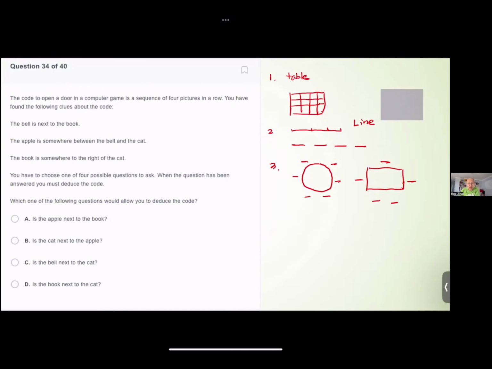But in sequencing questions, the deduced information is not as easy as the example I gave you.